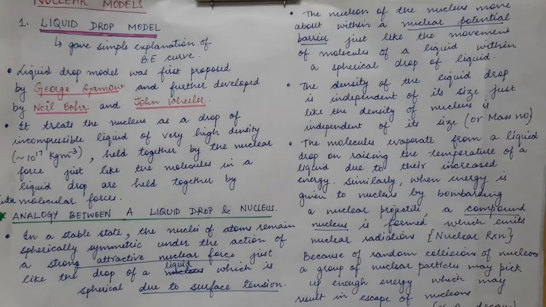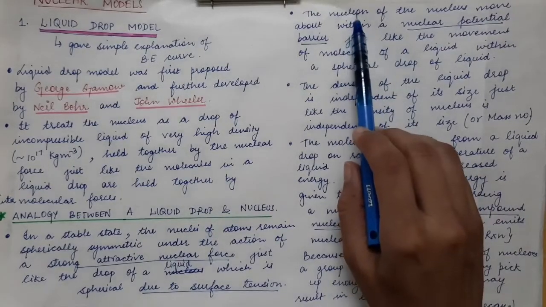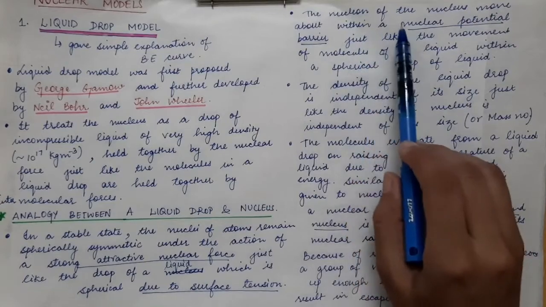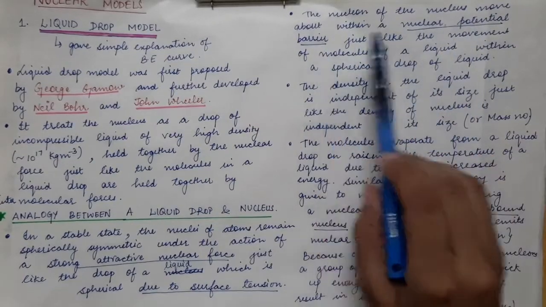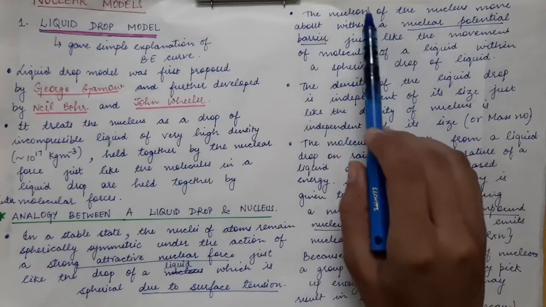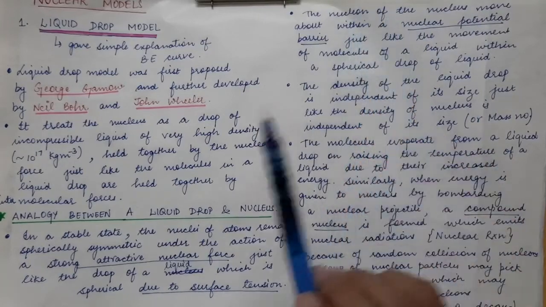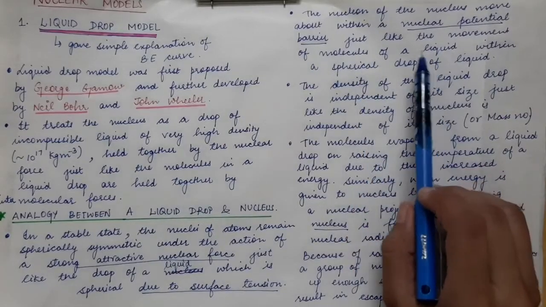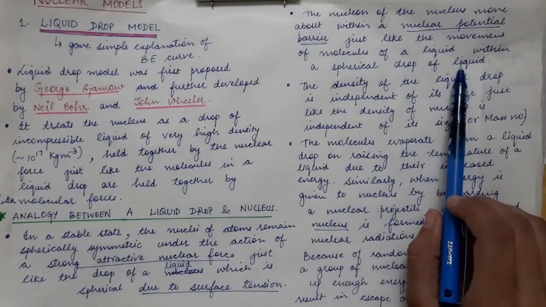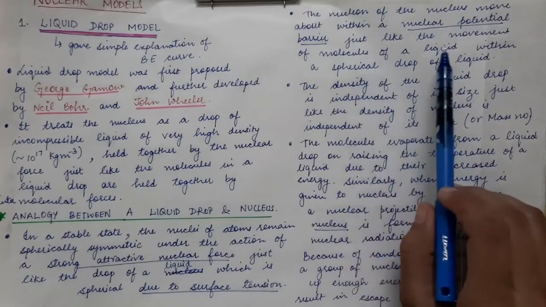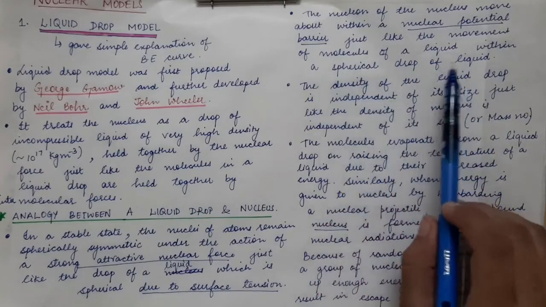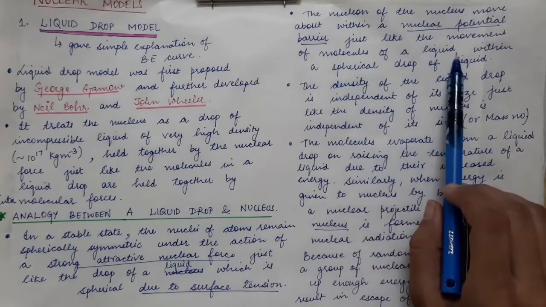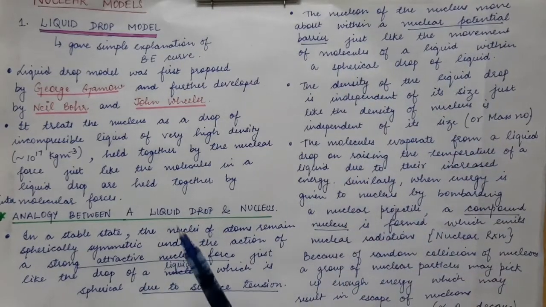This potential does not let the nucleon get separated from the nucleus, just like the liquid is held together by surface tension, and the molecule inside the liquid is held by the surface tension force and hence is not able to move out of the liquid.